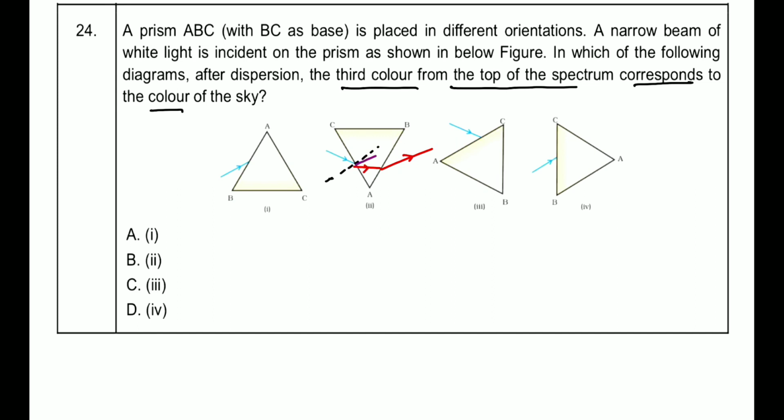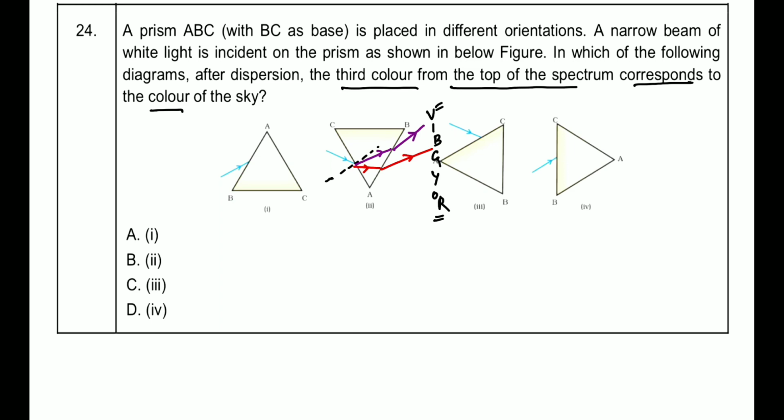Very similarly, the violet color will deviate more, and it will go like this. So you can see it will be VIBGYOR like this, where red is the least deviated color and violet is the most deviated color, right?